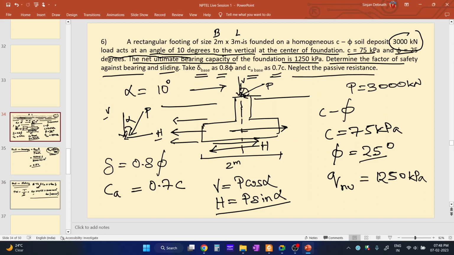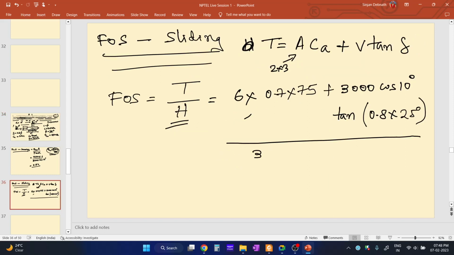H is P sine alpha, that means 3000 sine 10 degrees. If you solve this, you will get the factor of safety as 2.67, which is also greater than 1. That means the horizontal component of load P will not cause any sliding, since this is greater than 1.